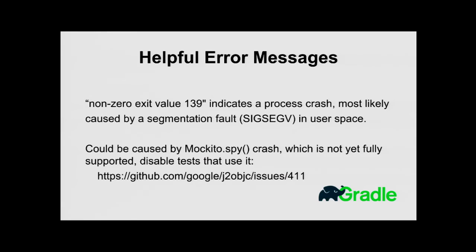So we put up a helpful message saying, okay, this is what might be the issue, and this is the process to confirm that, fix it, and then watch the bug if you care about it. We don't do it everywhere, but as much as possible we've designed it to have helpful messages as opposed to obscure ones where you're wondering what the hell is going on.